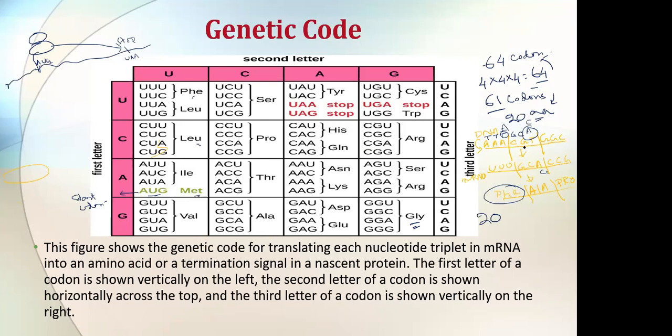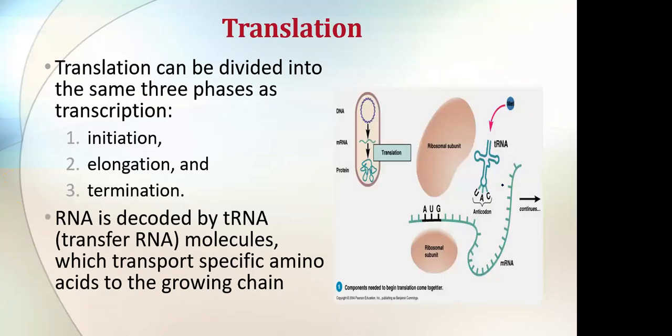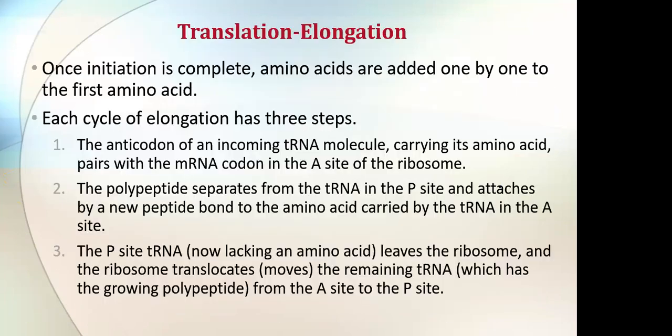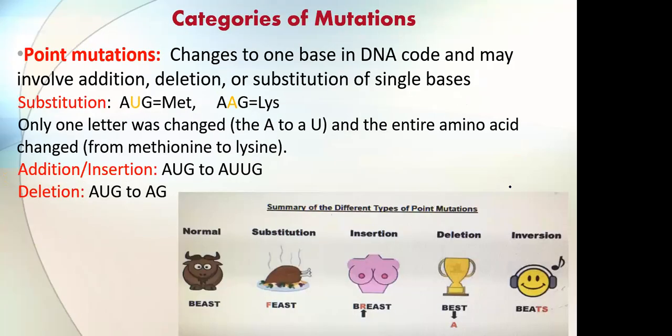So in this case, it's fine, the same. But if instead of alanine it makes something else, then a completely different protein is going to be made. Instead of black hair, I would have brown hair or blonde hair. So that's a mutation.